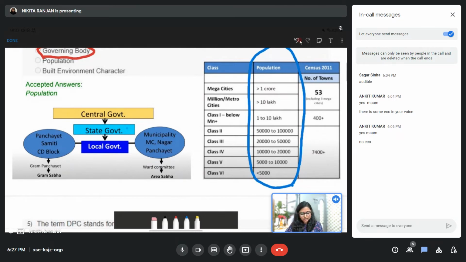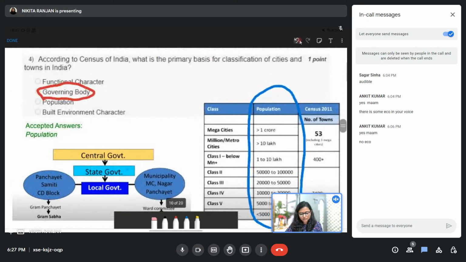However, this is not the correct answer for this question, because although different cities have different governing bodies and it is decided according to the status they have, that is not the criteria for classification of the cities. The primary basis for classification is the population only, not the governing body.